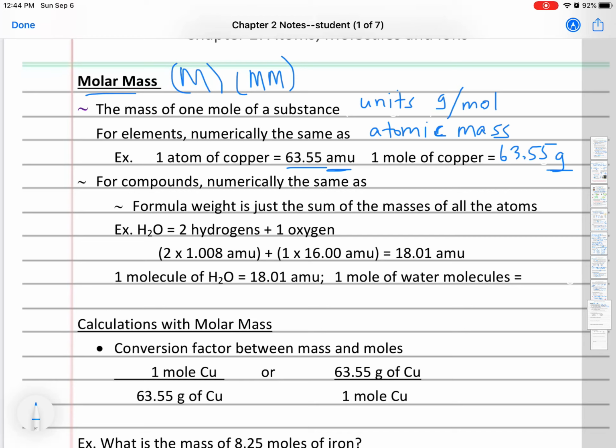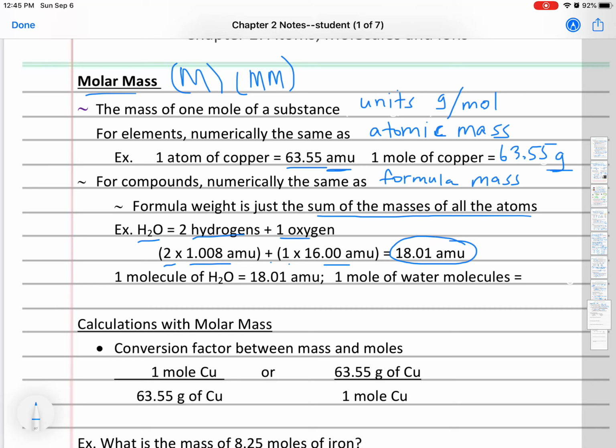For compounds, the molar mass is the same as the formula mass. Now the formula mass is just the sum of all the masses of all the atoms in the chemical formula. So for example, with water, H2O is 2 hydrogens and 1 oxygen. So we take 2 times the mass of hydrogen, plus 1 times the mass of oxygen, and the formula mass for water is 18.01 atomic mass units.